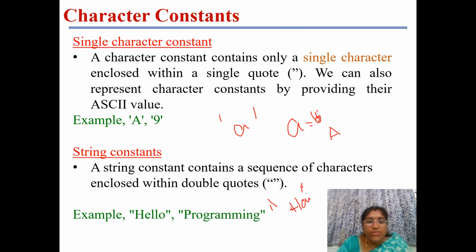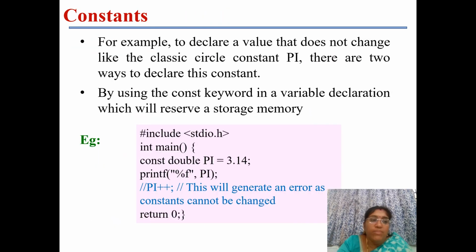Next, we're going to discuss examples of the const keyword. For example, const double pi equal to 3.14. In the circle calculation, the constant value of pi is never changed. Changing it will generate an error, as a constant cannot be changed.